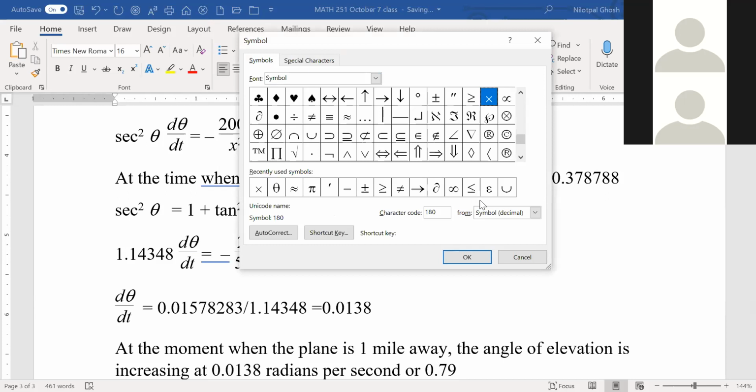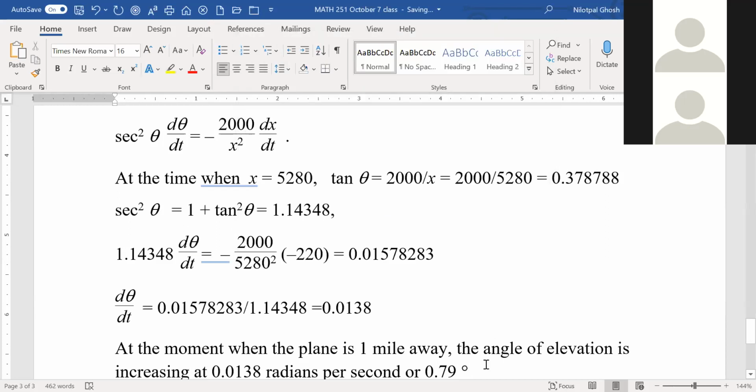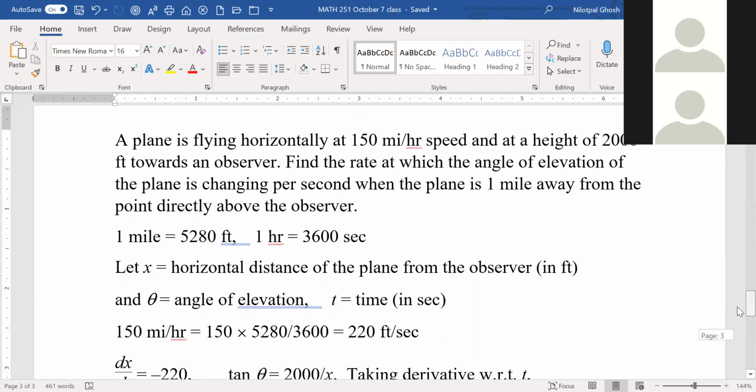About 0.79 degree, about 4/5 of a degree per second. At that rate, it will be coming towards you. So that's what we got, right?